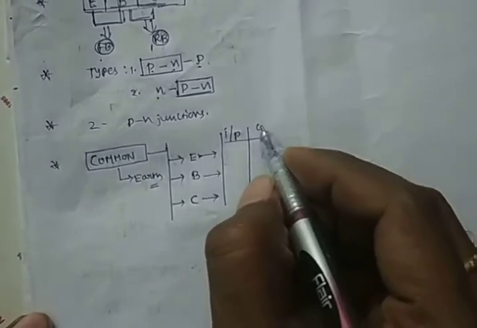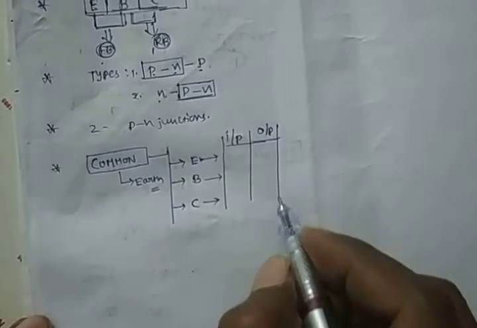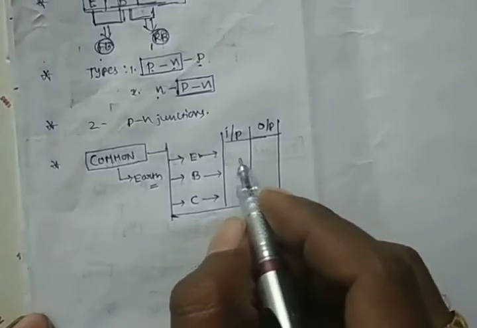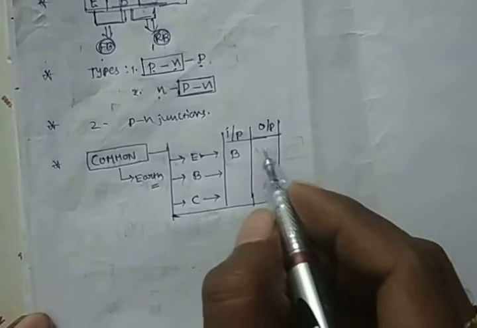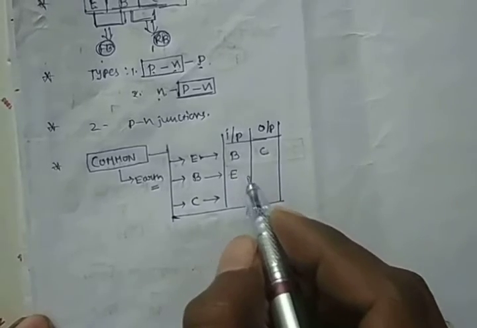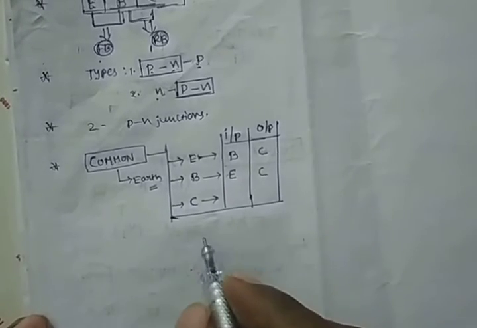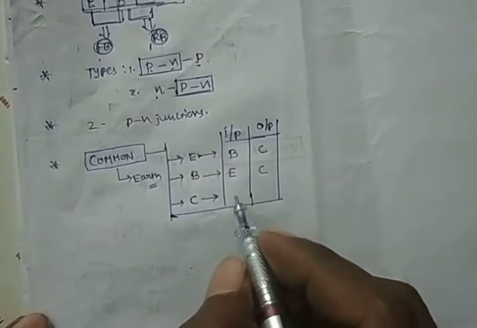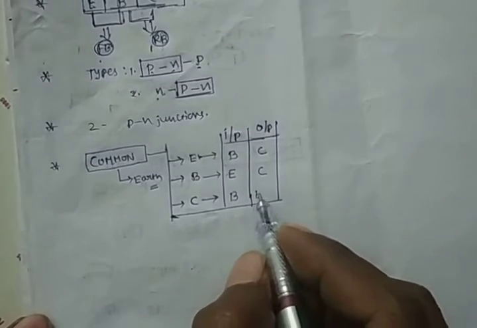For common emitter, what is the input and what is the output? For common emitter, the input is base, output is collector. For common base, input is emitter, output is collector. For common collector, input is base, output is emitter.